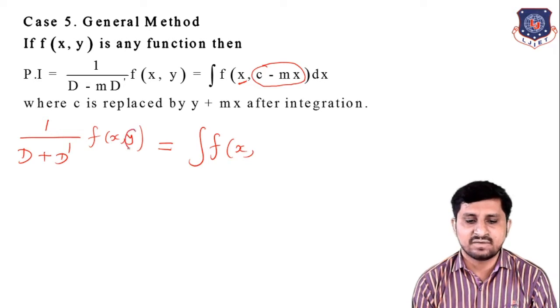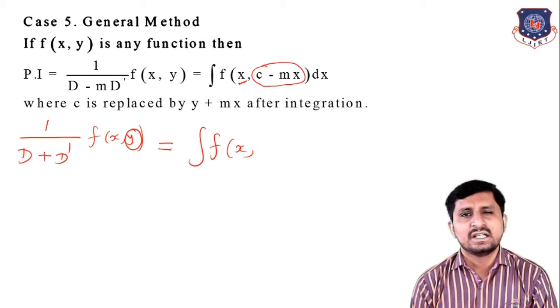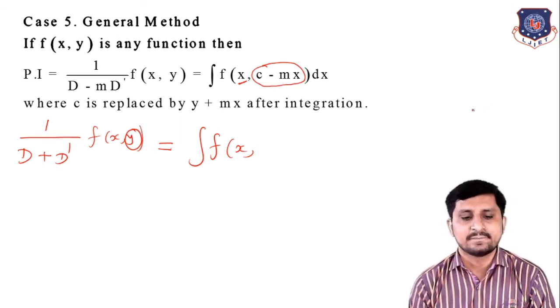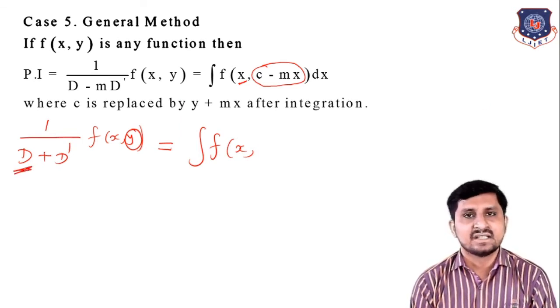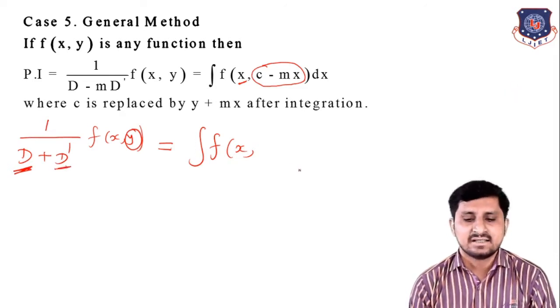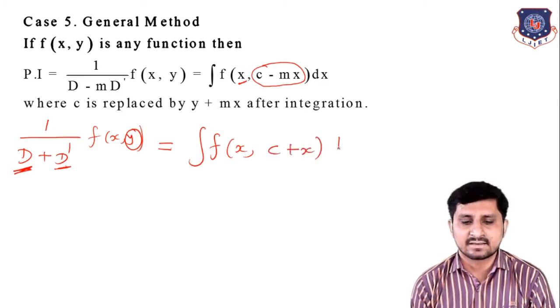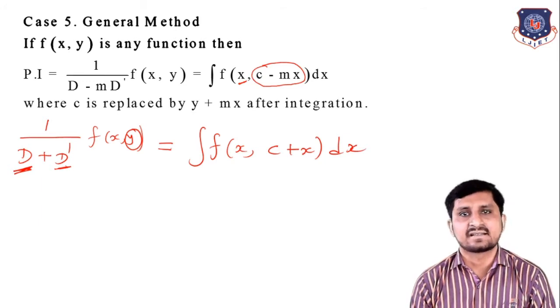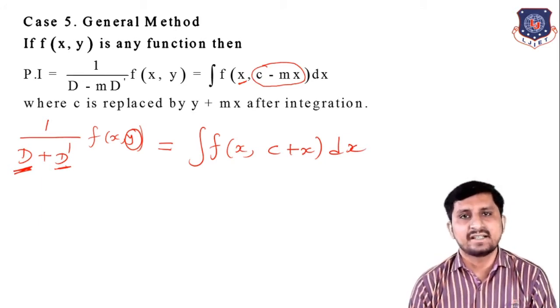Now instead of y we have to take c minus mx. So just for your understanding, instead of D, you take c, and instead of D dash, you take x, so that means c plus x. Simple. I hope you all can understand.